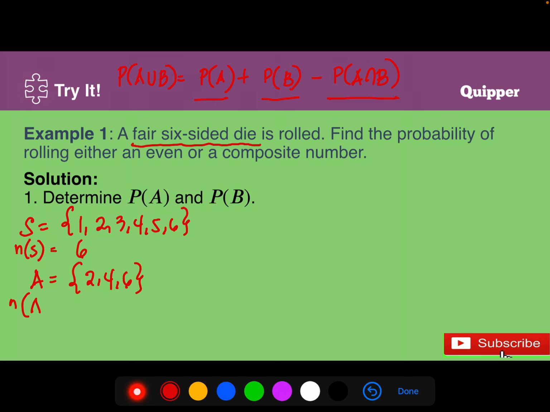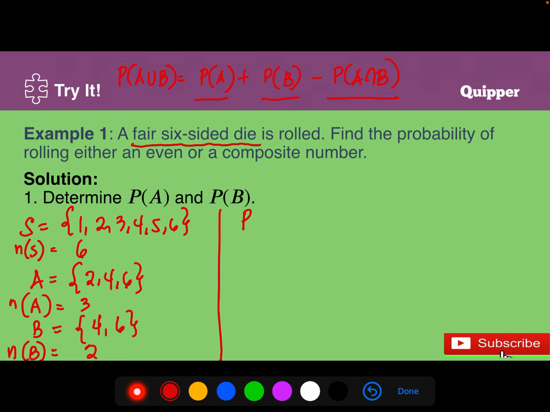So n of A is equal to 3. Then for set B, that is composite numbers. The composite numbers from 1 to 6 are only 4 and 6. n of B is equal to 2. We cannot include the number 2 there, since 2 is a prime number.